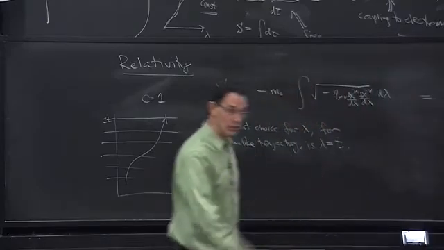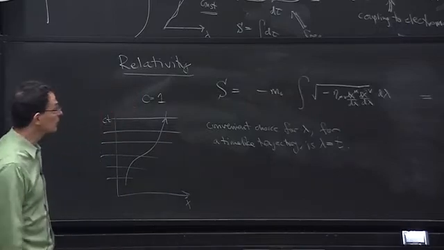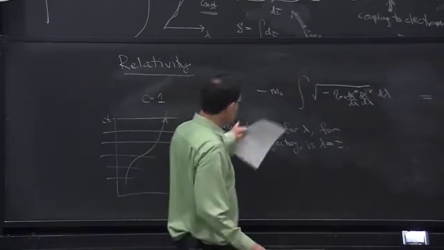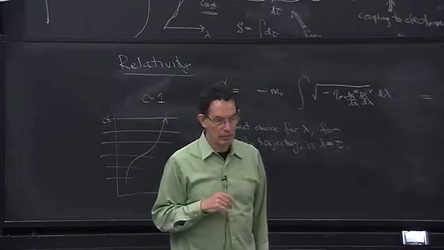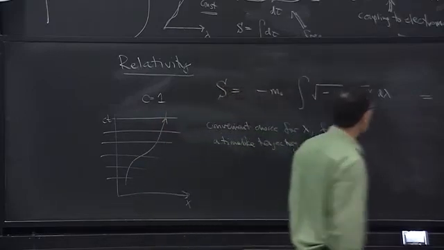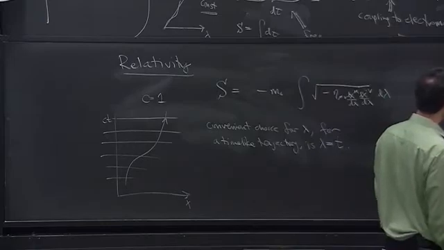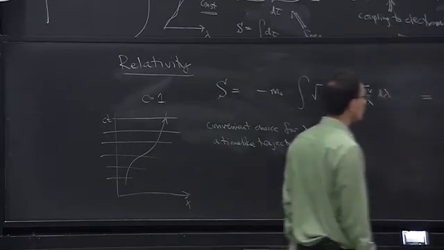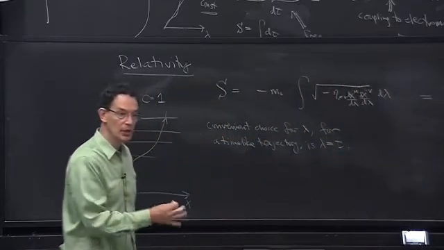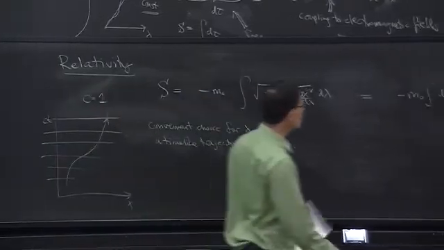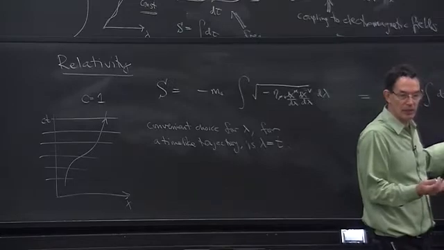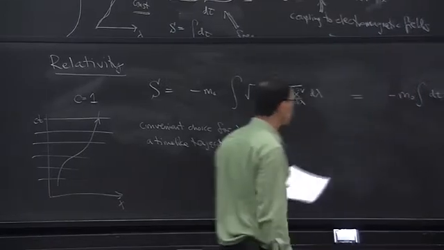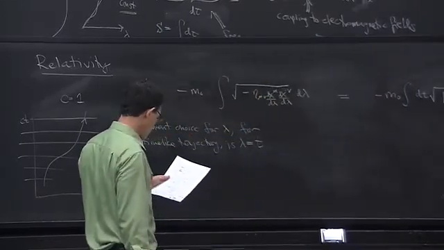And I've chosen units where the speed of light is 1. So in this particular coordinate system, that's the action for a relativistic particle. Now it looks like classical mechanics, but a little bit more complicated because the Lagrangian is not quadratic in the velocity. It involves the square root.